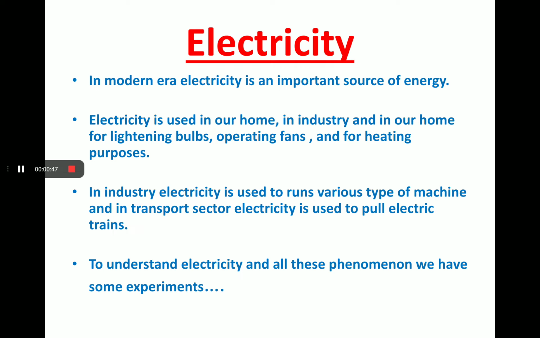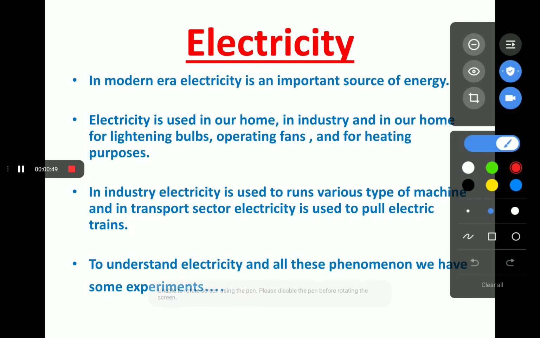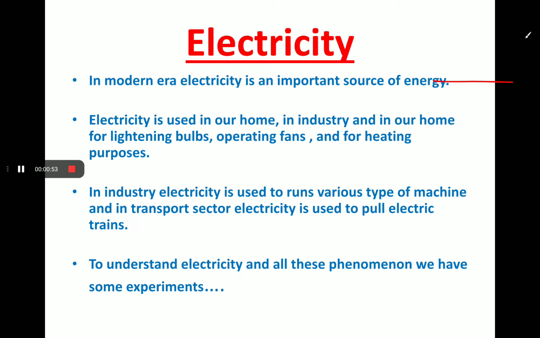If we switch on a bulb, then we use electricity. If we use a computer or our mobile phone, then we use electricity. Electricity is used in our home, in industry, for operating bulbs, fans, and for any heating purposes.